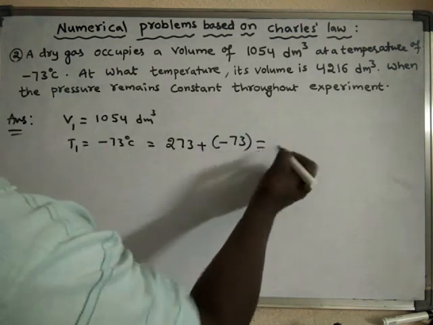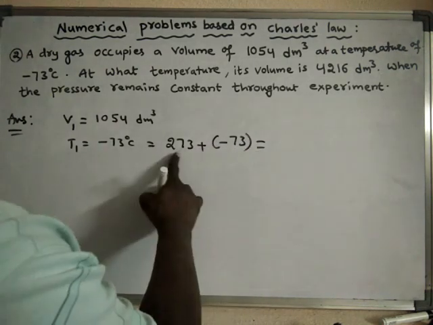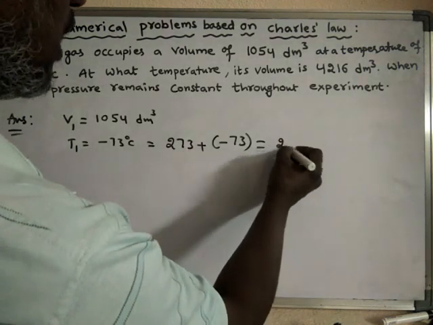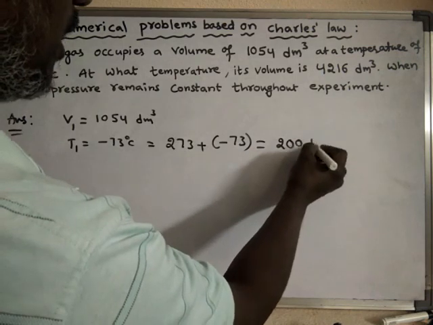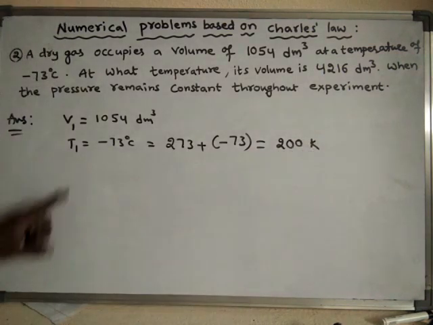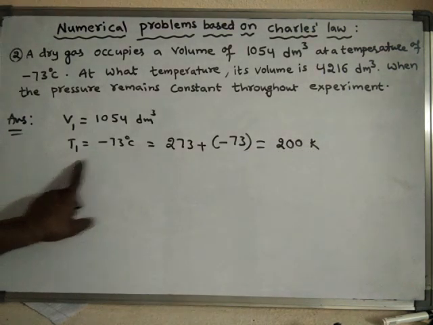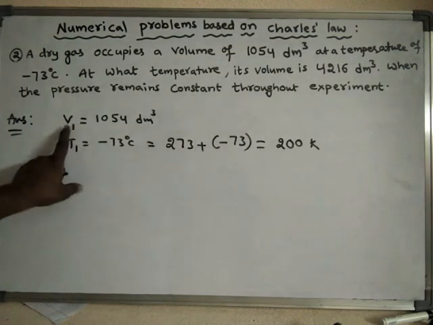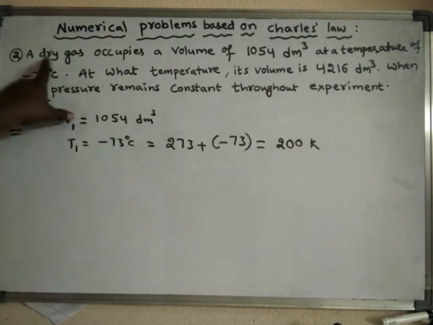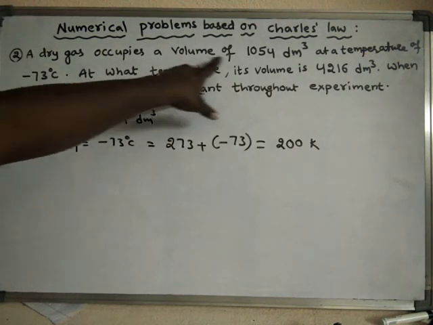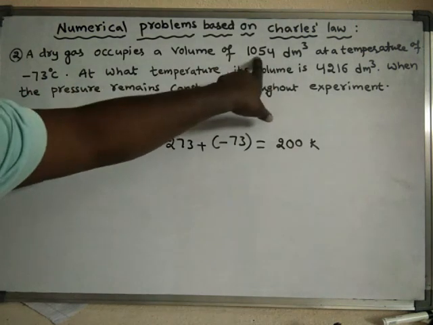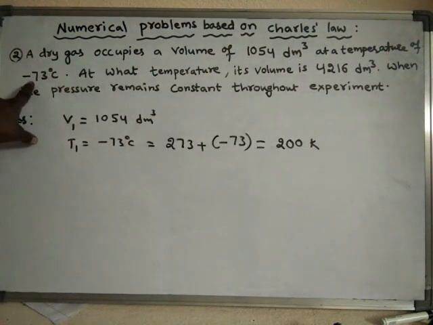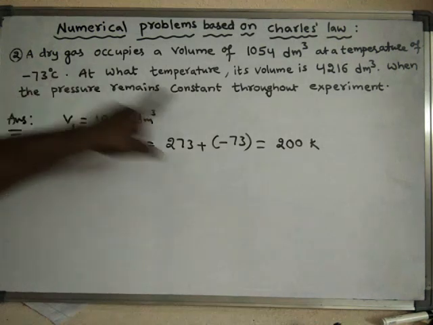So we will get the value in kelvins: 273 plus minus 73. It will be around 200 Kelvin. That means the initial temperature of the gas is 200 Kelvin. So at 200 Kelvin, the volume of the gas is this much: a dry gas occupies a volume of this many liters at a temperature of minus 73 degrees centigrade.